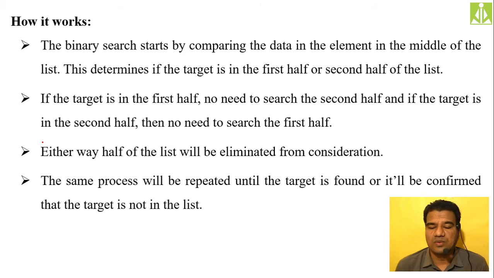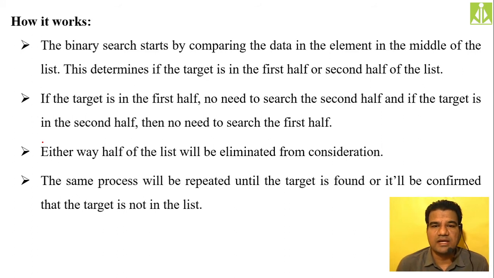So how exactly does the binary search algorithm work? Here we take the first location and the last location index values, and based on those, we calculate the middle element index value. Based on that middle element index value, we compare the target with the middle element value.